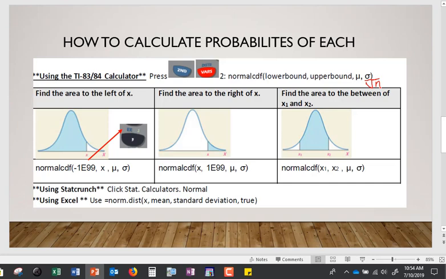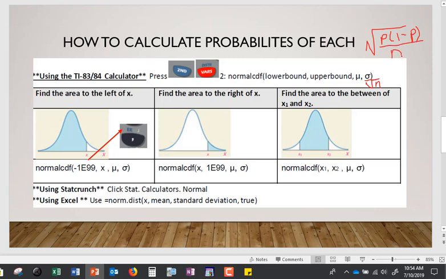If this was a sampling distribution of the sample proportion, in this last spot, you would enter square root of p times 1 minus p, and then divide all of that by n.